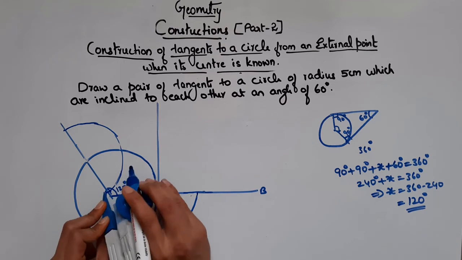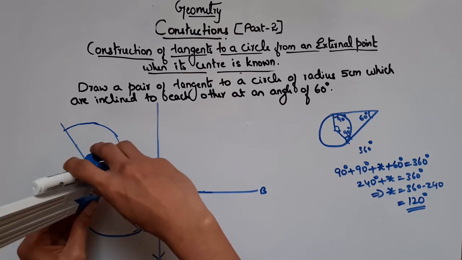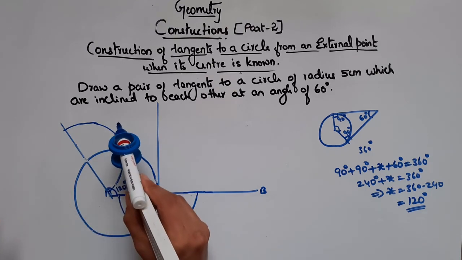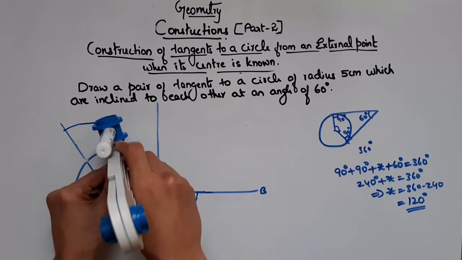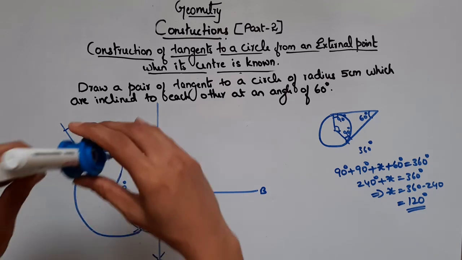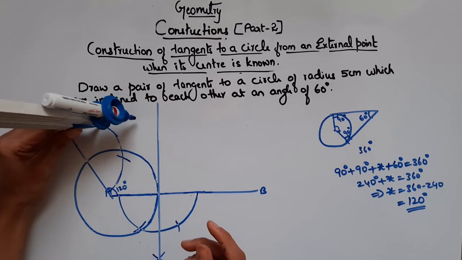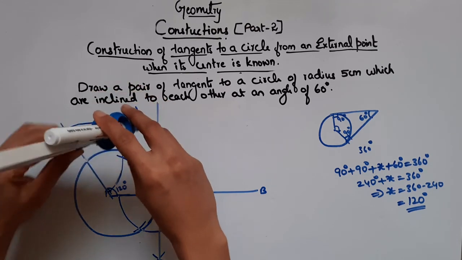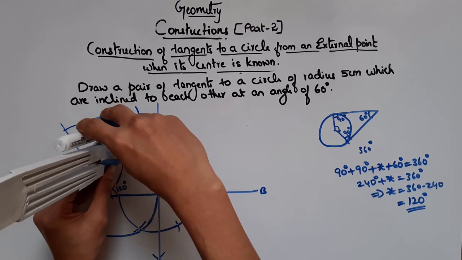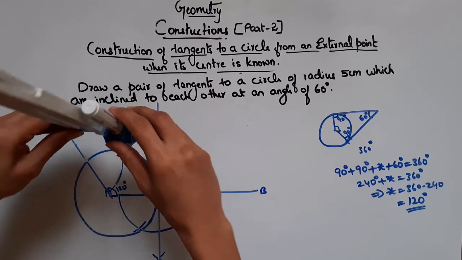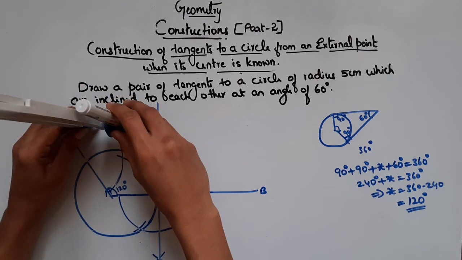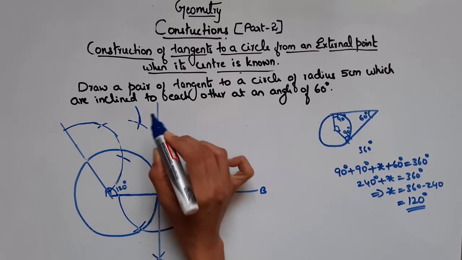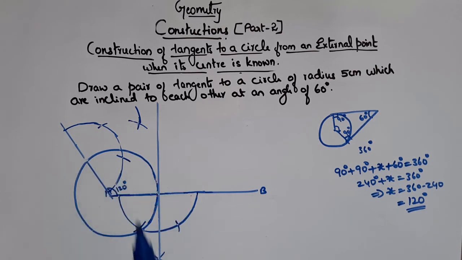Now you will keep your compass at this point and cut this semicircle. Same measure. And from this point you will cut one more. Right? Now again from this point you will cut like this. And from this point you will cut like this. So we will get a point here, right? So now you will join this point with this point.